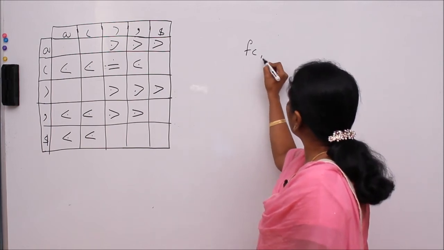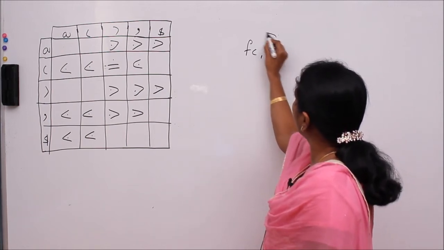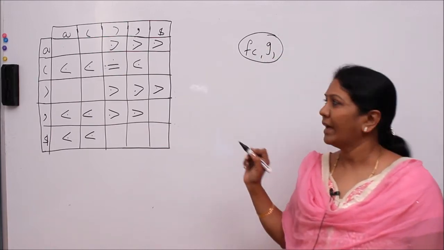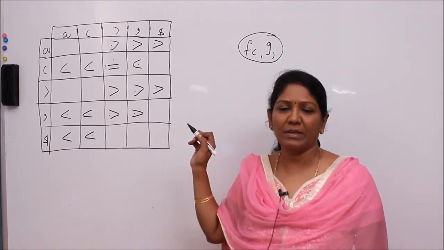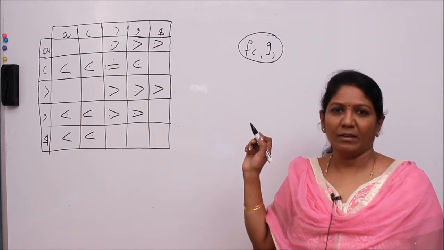F of left parenthesis and G of right parenthesis should be under the single group. Except this, all remaining symbols should be treated as separate nodes.